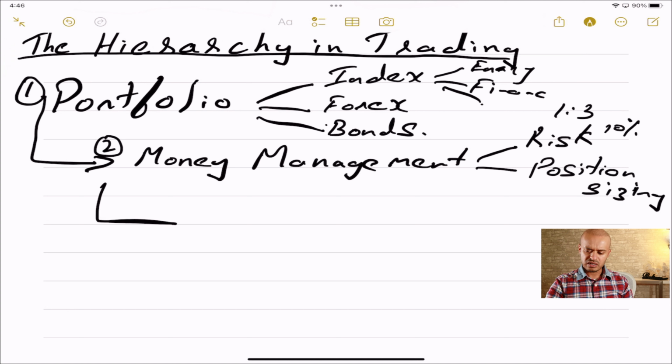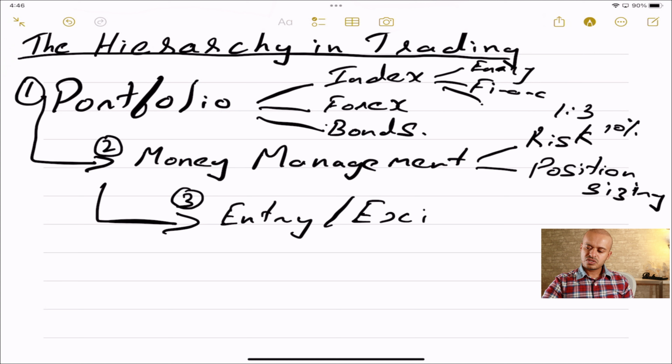And the third one in this chain is your entry and exit. Entry and exit is what is the right time to buy and what's the right time to sell. So you've got an index, okay, I'm going to factor in 10% of my capital into index, 20% into bonds, 30% into commodities.